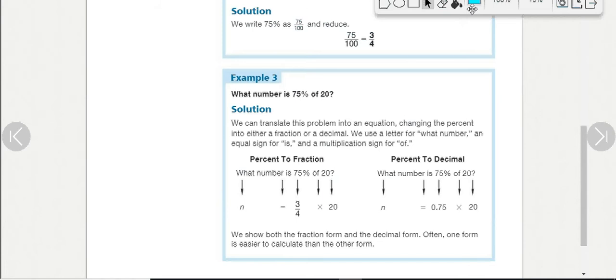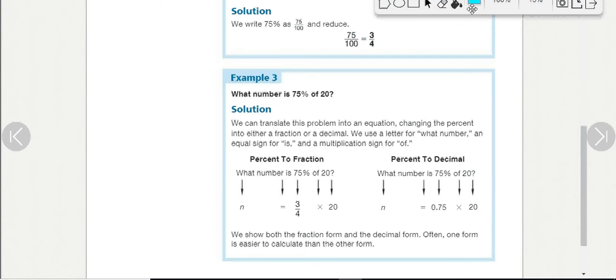Using your fraction manipulative or example 2, you know that 75% goes straight to 3/4. Of is times, is equals. So what's 75% of 20? Take your 3/4 or 0.75, whichever you like, fraction or decimal, and then do the calculation.